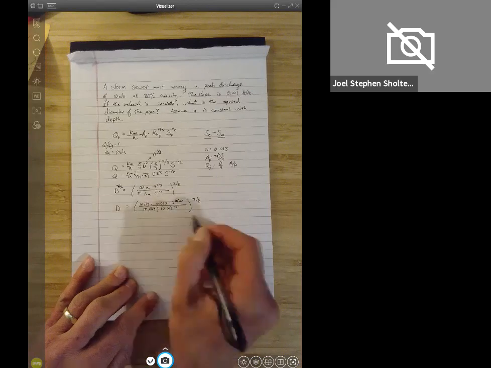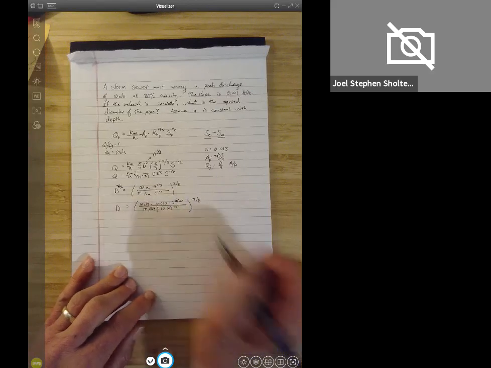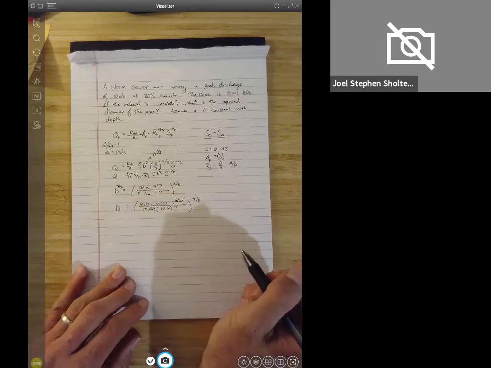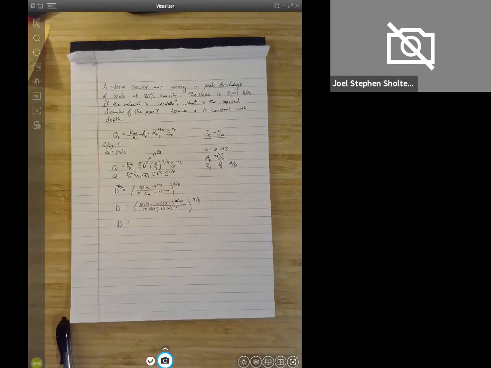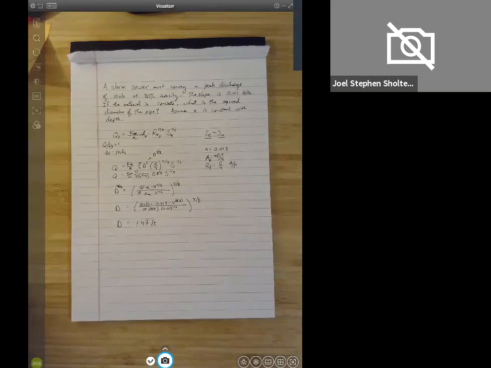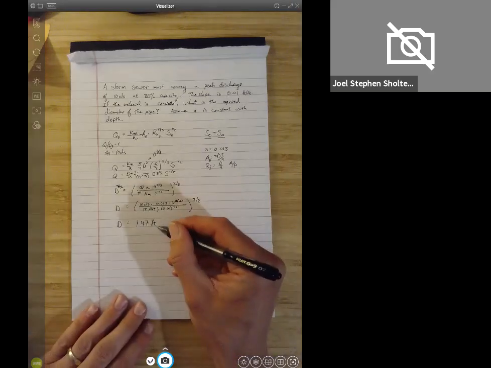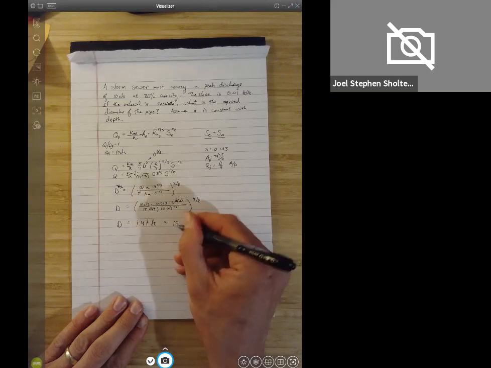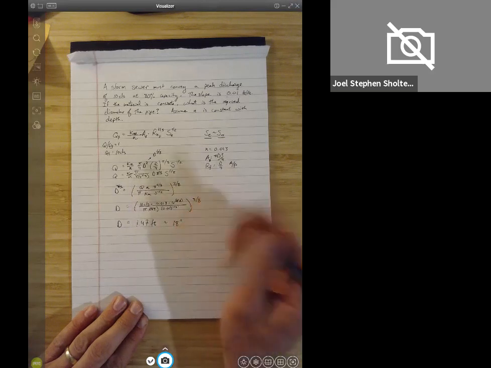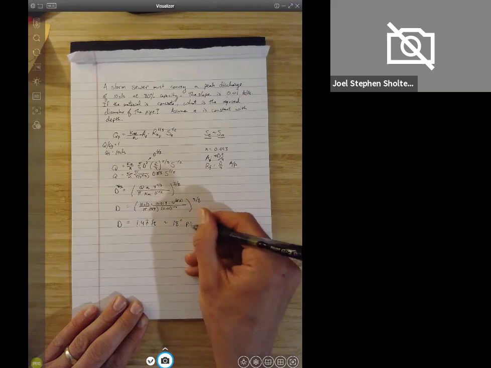Maybe you do this part first and then do the 3/8. So we end up with D is 1.47 feet, or we can just call it 18 inches, 1.5 feet pipe diameter.